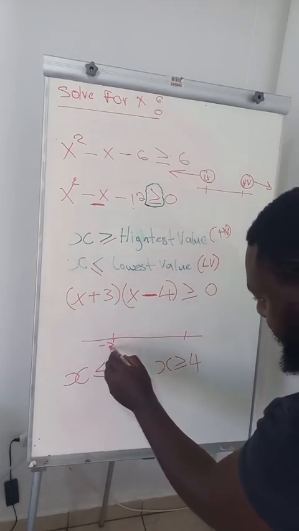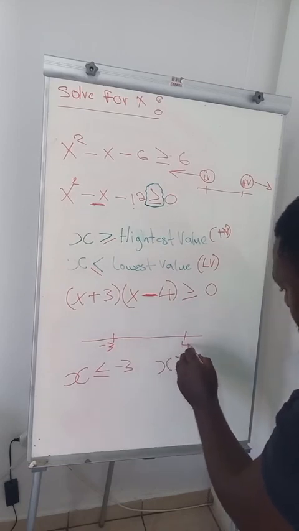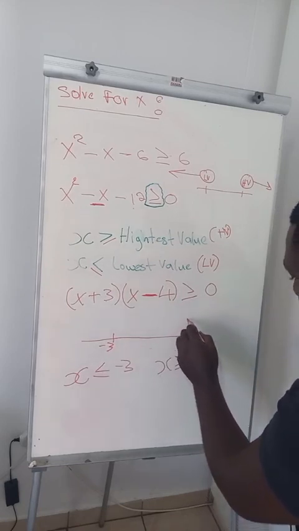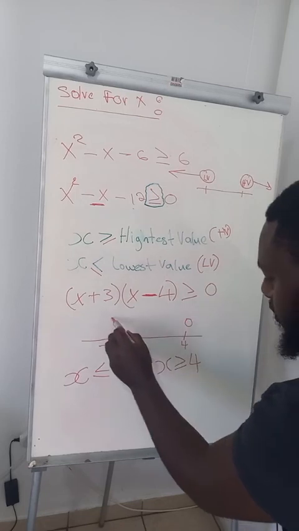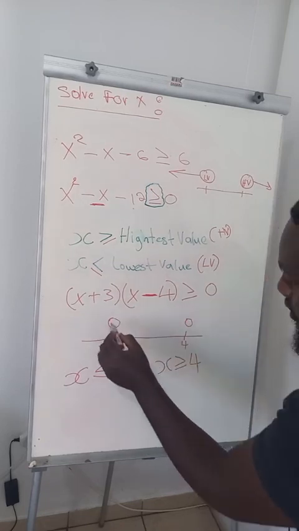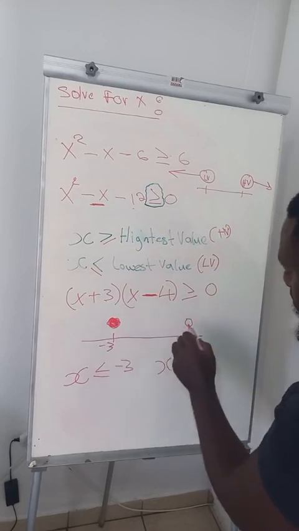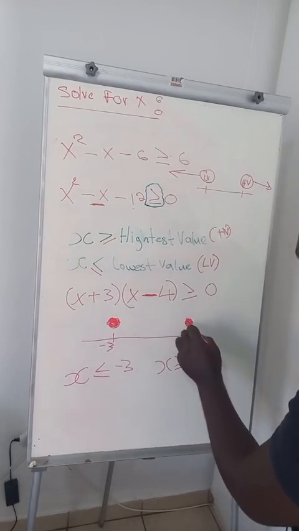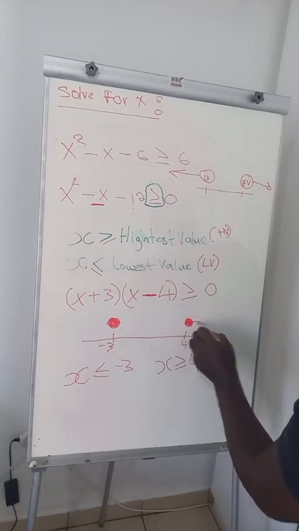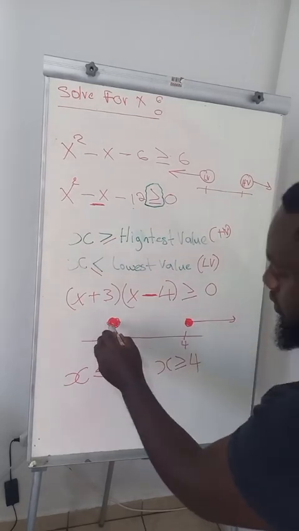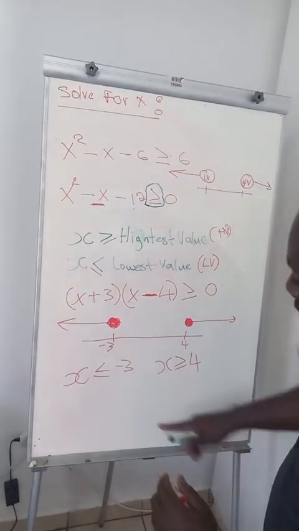This will be your -3, and this will be your 4. Because it includes an equal sign, you shade here and shade here, and then you go to the right, and also go to the left.